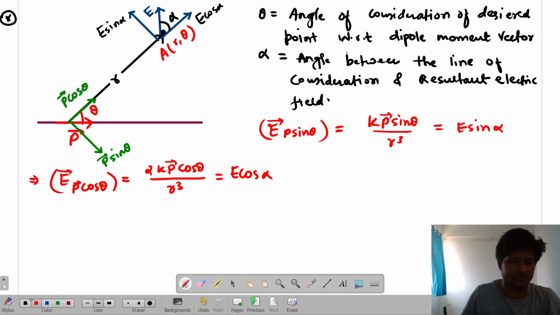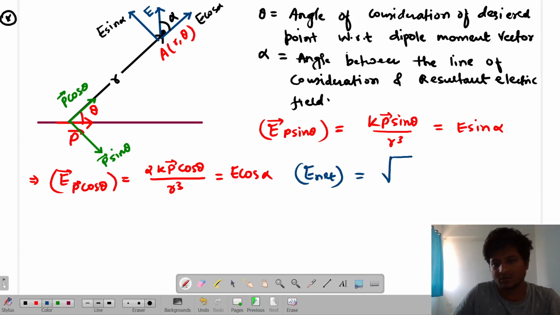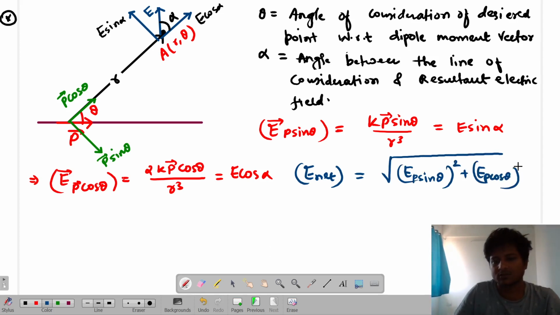So net electric field is what? If I want to find E net, simply look over here. E net is what? It should be root over, E due to p sin theta squared plus E due to p cos theta squared, or not? Simply. So what is E net? Therefore we get our E net.